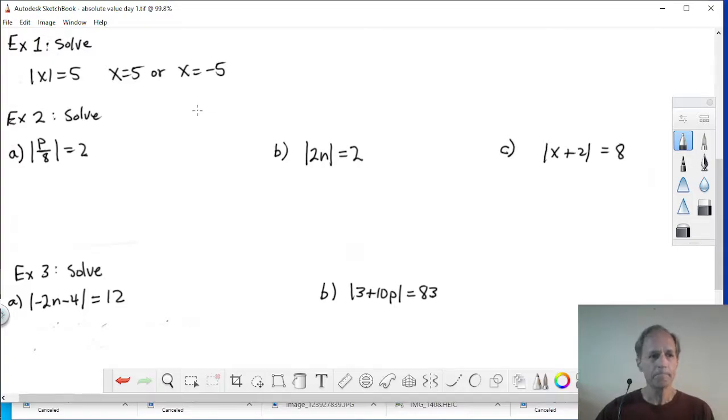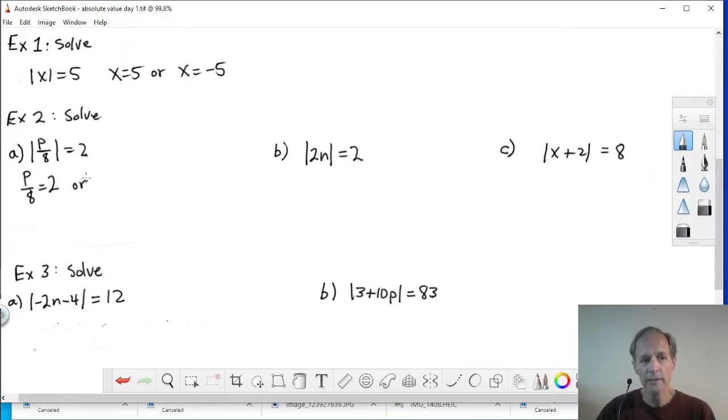Okay, let's look at some a little bit more involved. Here we have the absolute value of p/8 is 2. That tells us the thing in the bars, in this case it's an expression, not just a variable, that expression within the bars could be 2. So we would write p/8 equals 2.